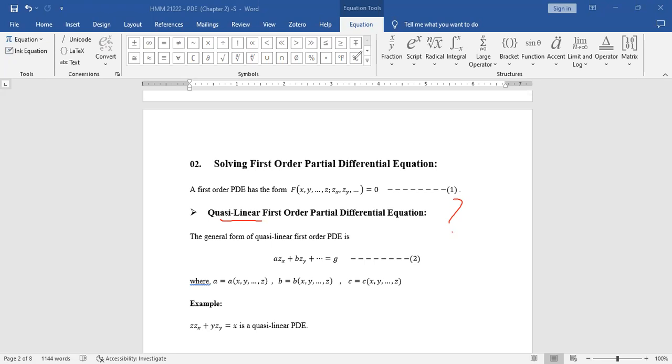In the definition we have written something, no? So go back to the definition and see. This is obvious, okay. I need the general format for the quasi-linear equations.